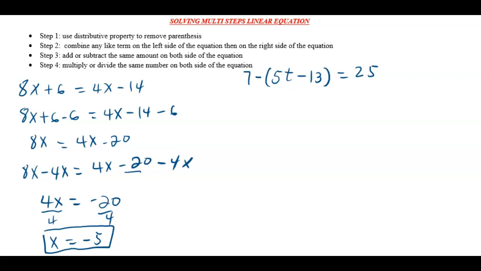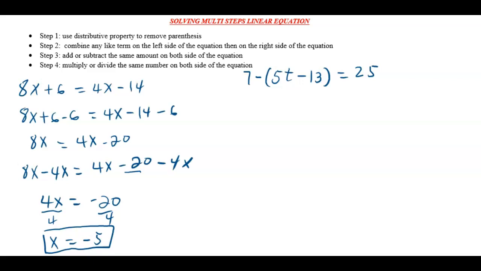Negative the quantity 7 minus 5t, minus 13 equal 25. The first step is to ask, do we have any parentheses here? Yes, the left side has parentheses.